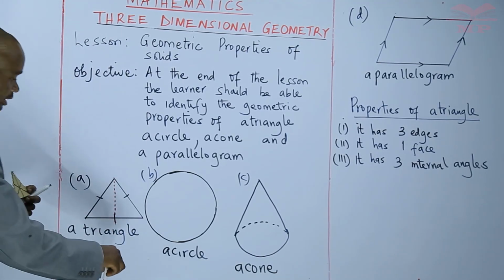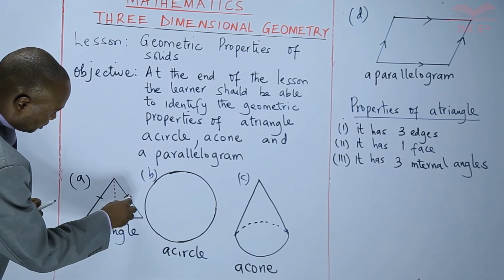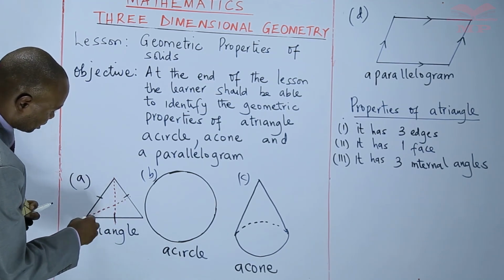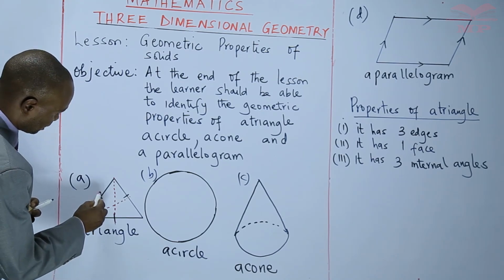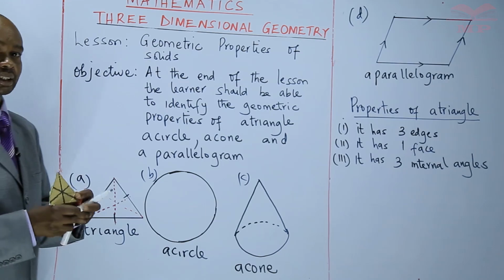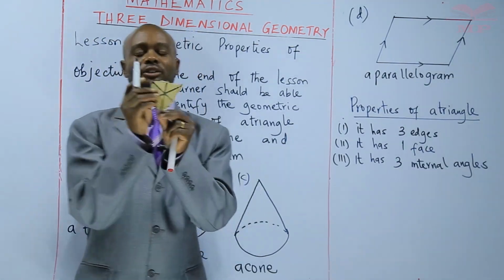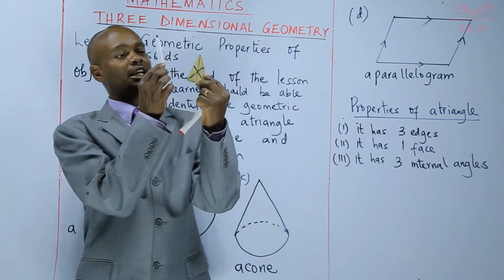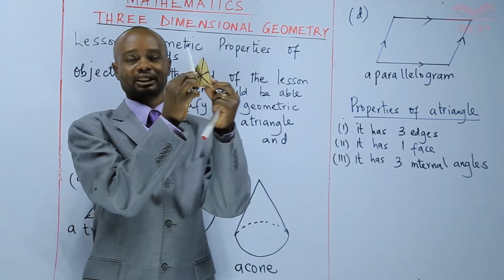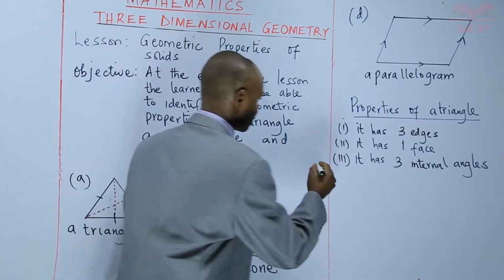That is one plane. That can be another plane. If it is an equilateral triangle, that one will be another plane. So there are 3 planes.